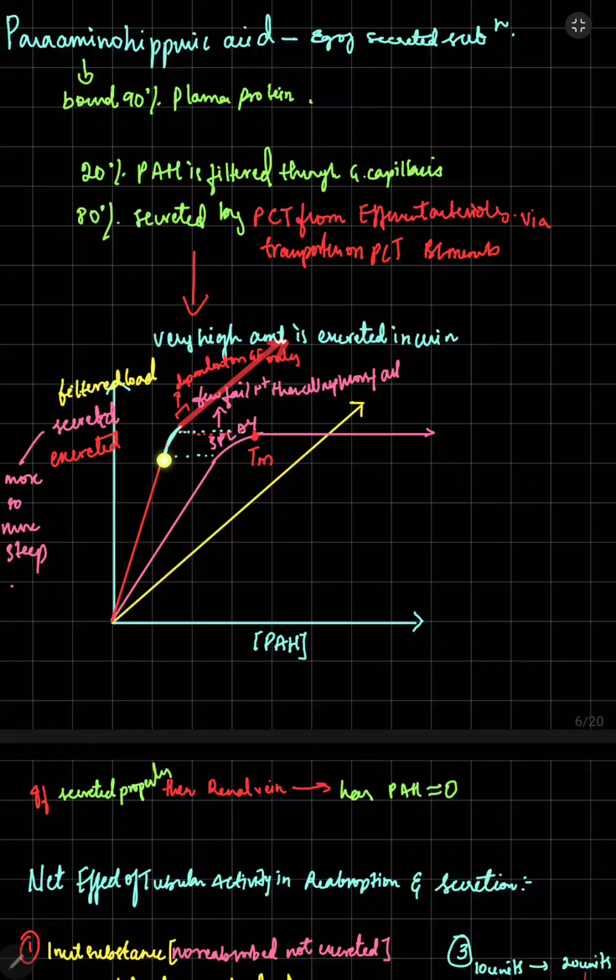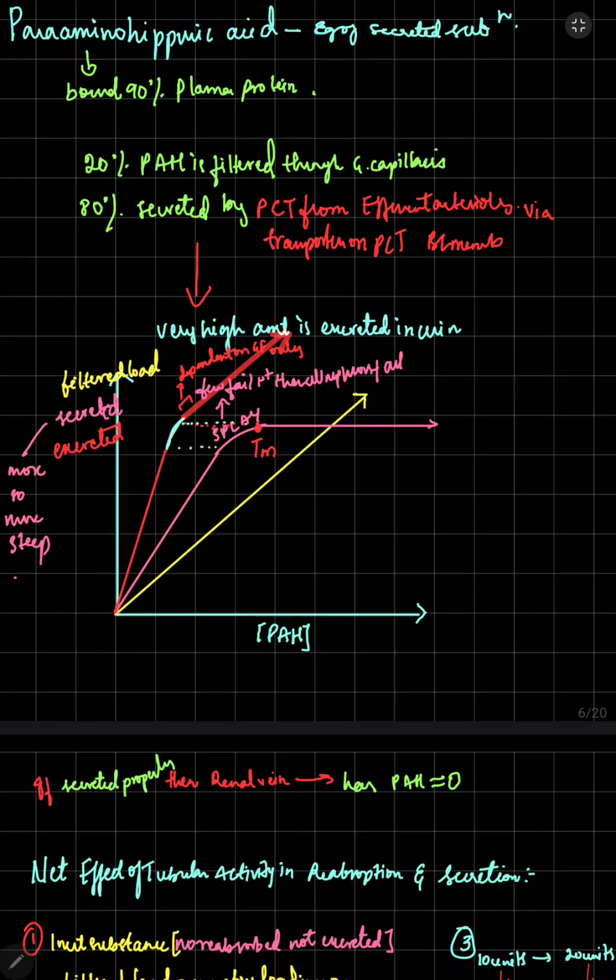So in this way, when we reach this point of initial splay, at the same time there is a splay found in the excretion graph because, alright, at this point a few nephrons start failing to secrete PAH maximally and PAH is not fully excreted in urine as much as is present in blood, so there is a slight decrease, a sort of bend in the excretion, right?